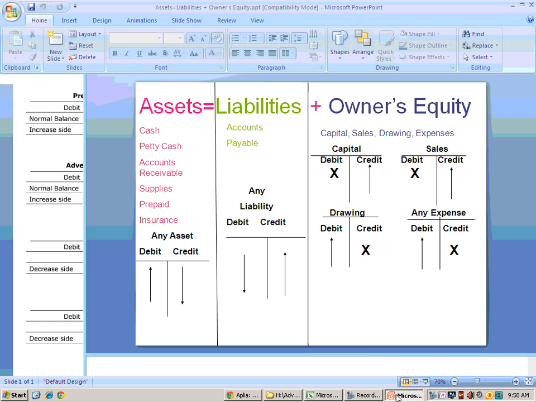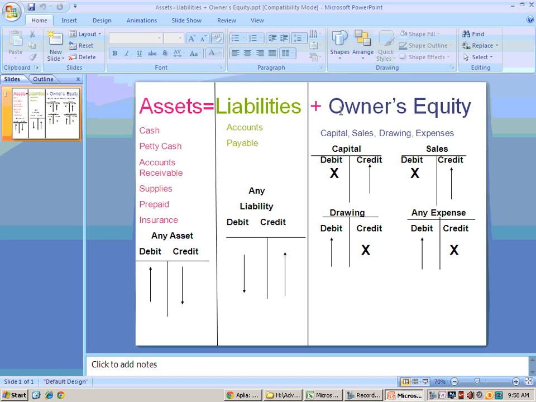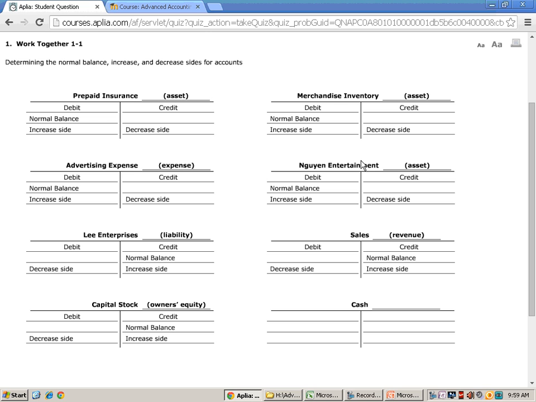Again, looking at this, even though we have owner's equity, which would be capital if it was a sole proprietorship or a partnership, in this case, it's going to be capital stock because it's a corporation. Cash is an asset. We always have debit, credit. So our normal balance for asset is your debit side, increase, and decrease.